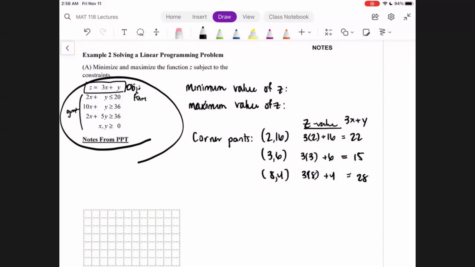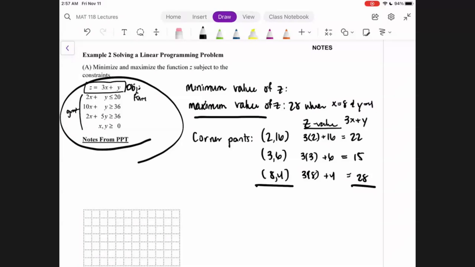So the max value of z is your 28, so that occurs when x equals 8 and y equals 4.